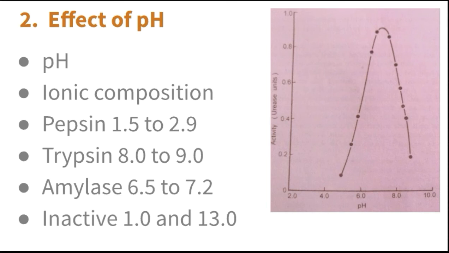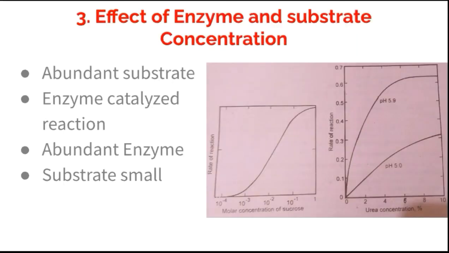Next is the effect of enzyme and substrate concentration. When abundant substrate is present, the rate of an enzyme catalyzed reaction is proportional to the concentration of the enzyme.